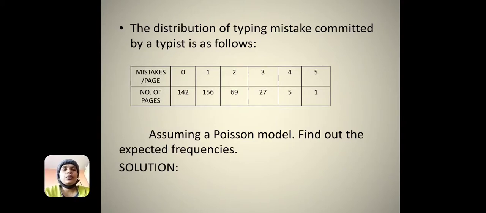The distribution of typing mistakes is another example for the Poisson distribution. The distribution of typing mistakes committed by a typist is as follows. Mistakes are given from 0 to 5 and the number of pages is mentioned here. Assuming a Poisson model, find the expected frequencies.